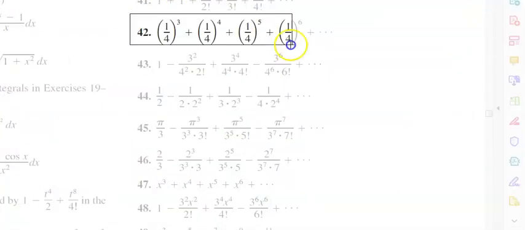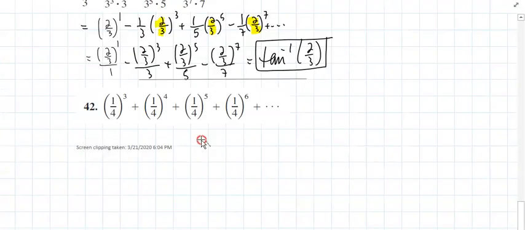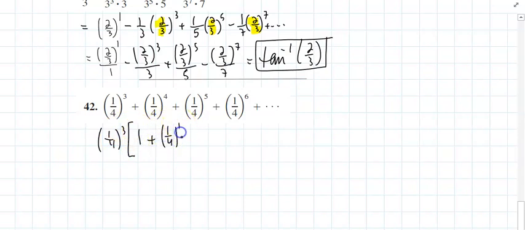If I look at 42, I notice none of these start with a third power, but I notice that 1 over 4 to the third power is common in all of those, isn't it? Can't I say this is 1 plus 1 over 4 plus 1 over 4 squared plus 1 over 4 cubed plus... actually, I don't need the power series for this, I know what that is.